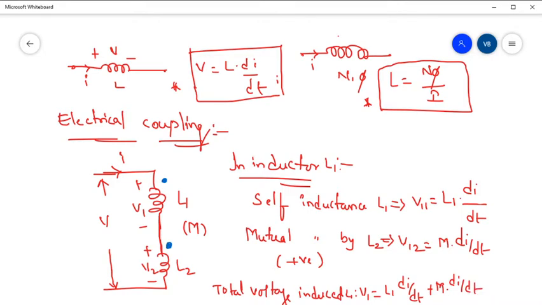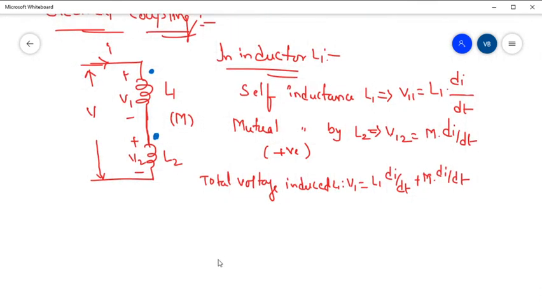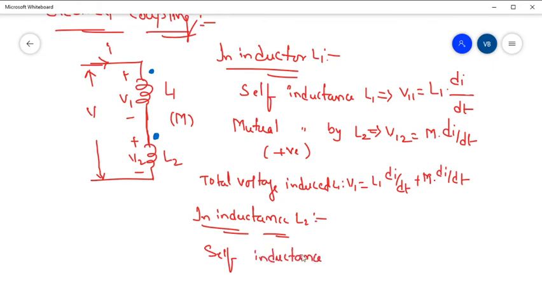Next, we have written for inductor L1, so next we will see how to write for inductor L2. In inductor L2, same thing, self-inductance by the inductor L2 is directly L2, that is V21 equals L2 into di by dt.